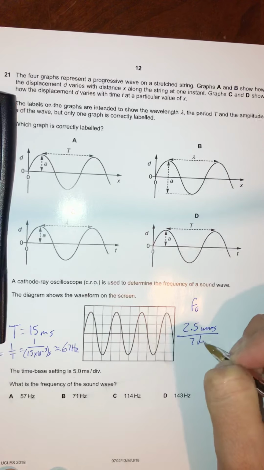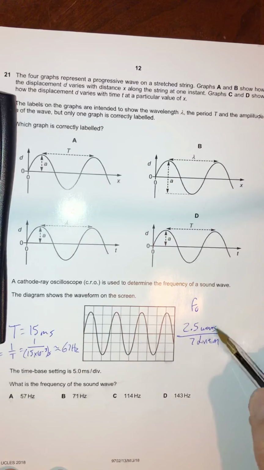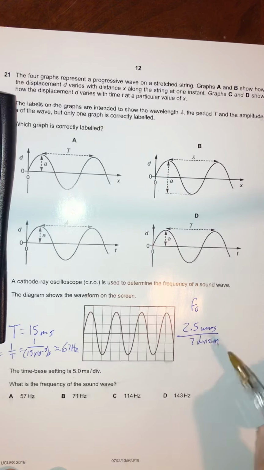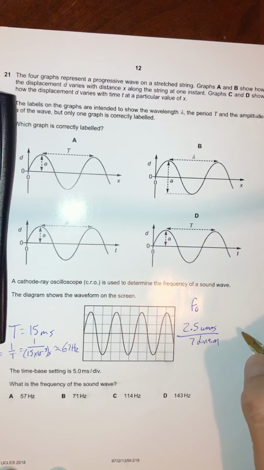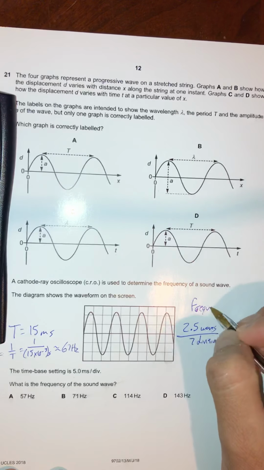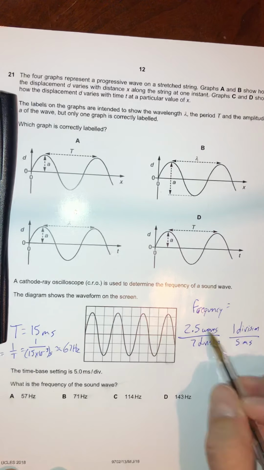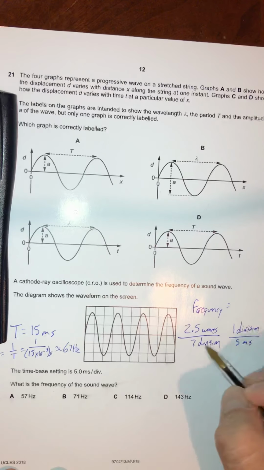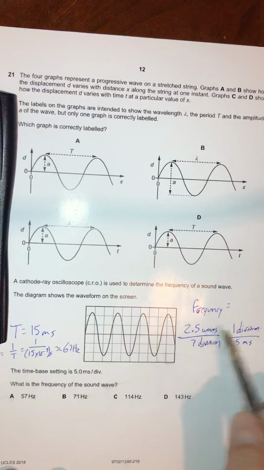So if it's waves per division and we've got milliseconds per division, we can cancel out the word divisions by saying it's 1 division per 5 milliseconds. Now we have waves per millisecond. The number of waves per time, that's the definition of frequency, and divisions will cancel if we set up our calculation like this. So we multiply everything in the numerator and divide by everything in the denominator.